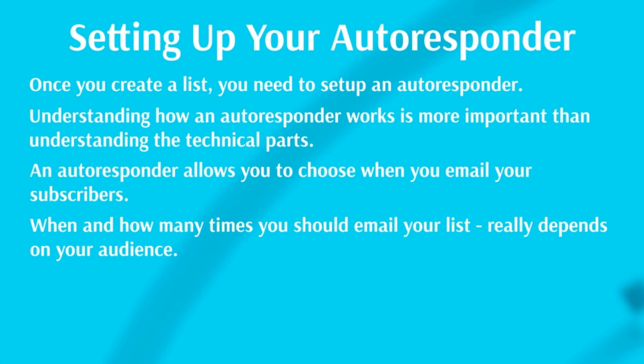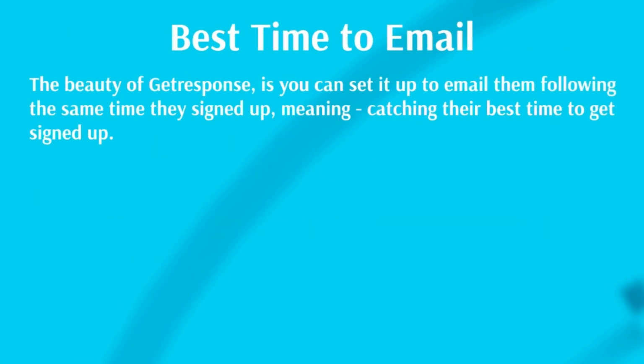If you've done the proper demographic research and you understand somebody's typical day and all of that, then understanding when is the best time to email them is actually quite easy. Now, the beauty of GetResponse is that you can set it up to email them following the same time that they signed up, meaning you can catch them at the best time that they signed up.